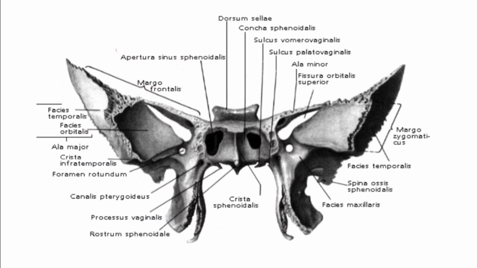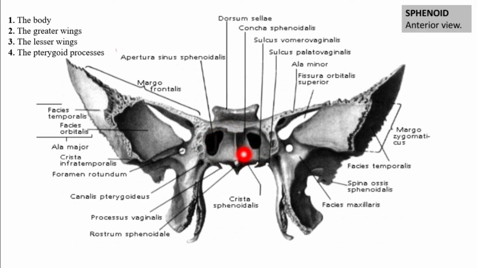Firstly, this is the anterior view of the sphenoid bone. You can see the body of the sphenoid. Inside the body, there is an air space which is separated by a septum of the sphenoid, and here is an opening, the apertura sinus sphenoidalis.